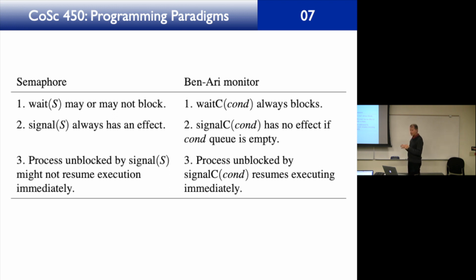When we unblock a process by executing signal S, where S is a semaphore, it may not resume execution immediately. But in a binary monitor, when signal C unblocks a process that's blocked on its queue of blocked processes, the one that got signaled resumes executing immediately.